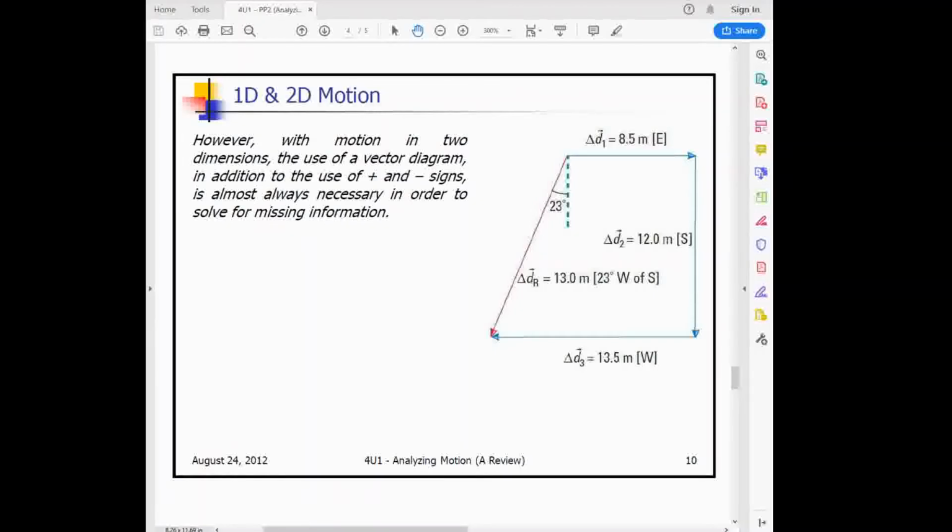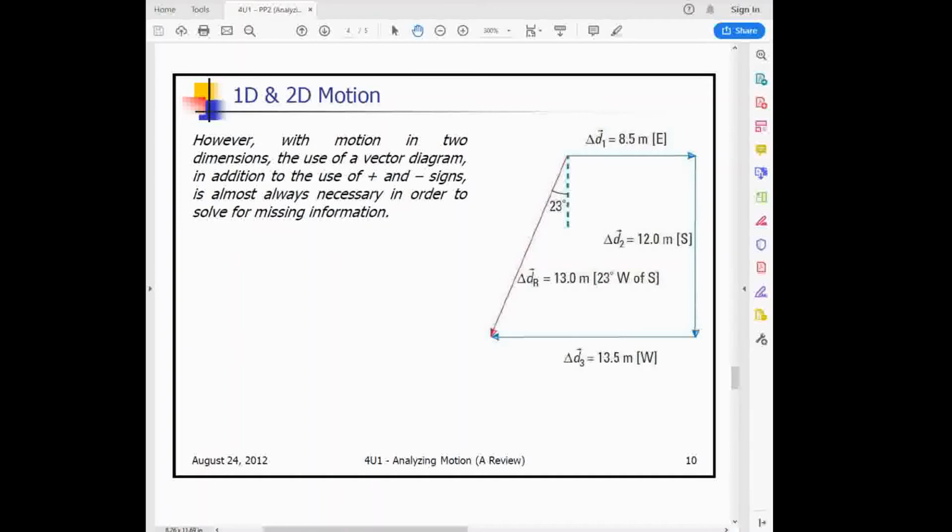So here, it's showing us the resultant displacement. We can calculate that later. We'll look into how we do that. But what you can see here is that we have one displacement that's completely in the vertical direction, north-south. That's 12 meters south. And then 2 that would be compared here, 8.5 east and 13.5 west.